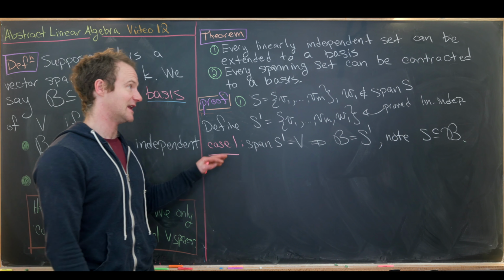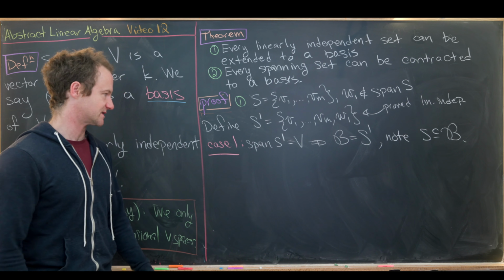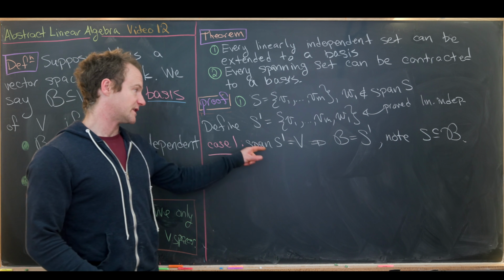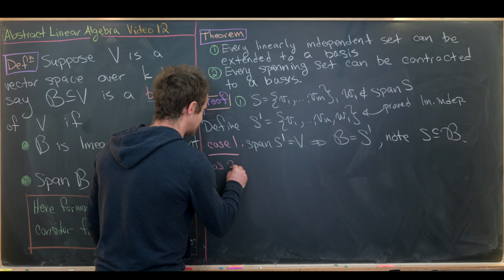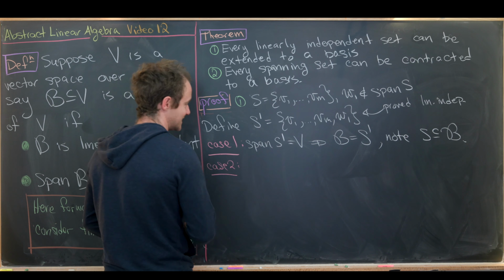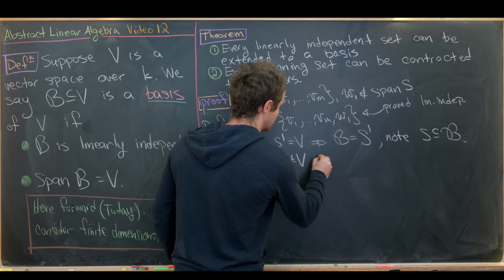We have extended our original set of linearly independent vectors to a basis. But that's only if the span is the whole vector space. So we need to move on to case 2, which is the span of S prime is not equal to V.